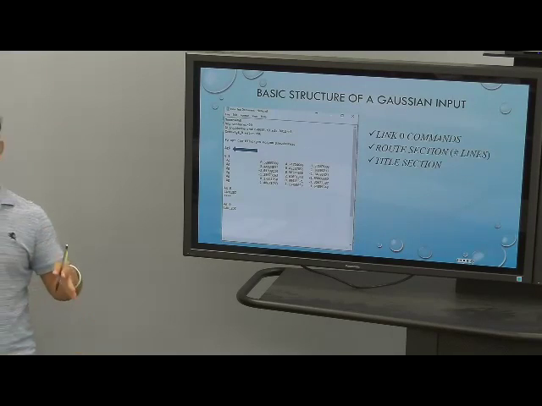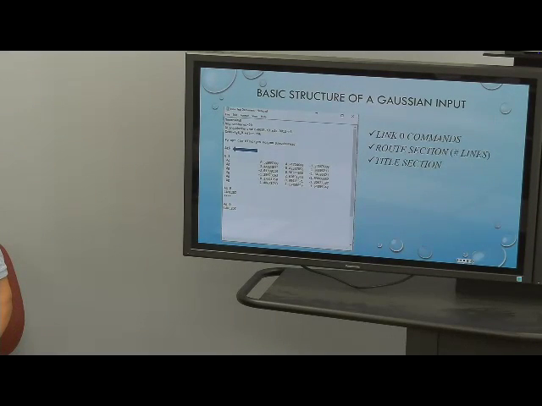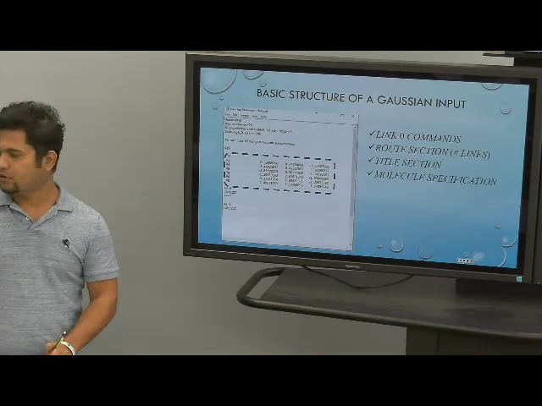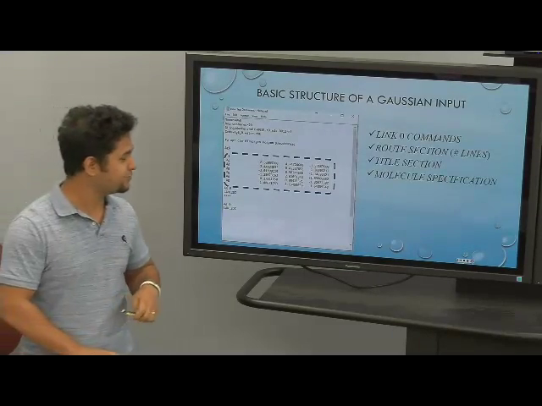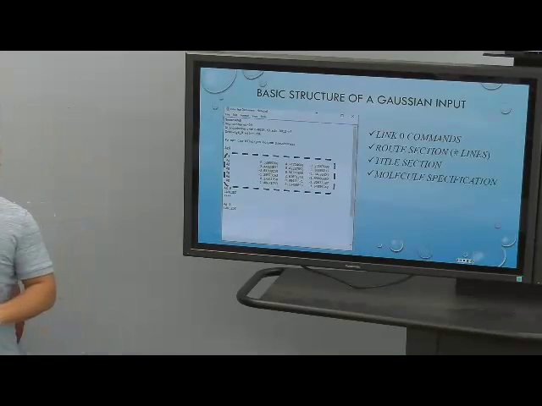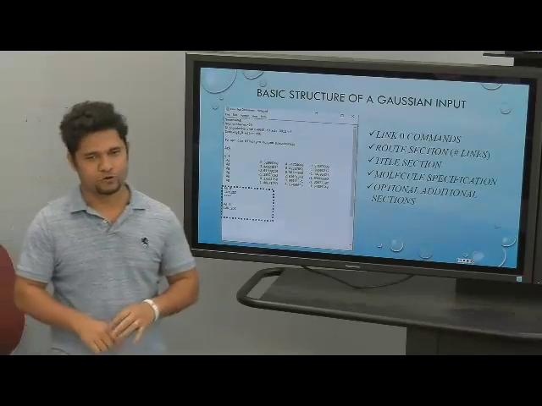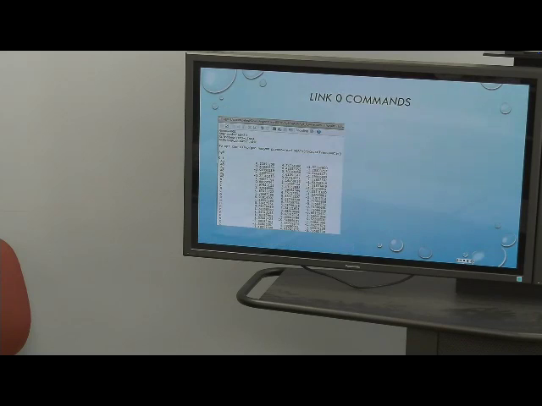We want to give a name to our job, so that we can find our job later on. The following section is the molecular specification, and this one is an example of a small silver cluster. The next section is sometimes important, but it is named the optional additional section. Sometimes we don't need this section either. Following this, I'm showing all the sections in detail.